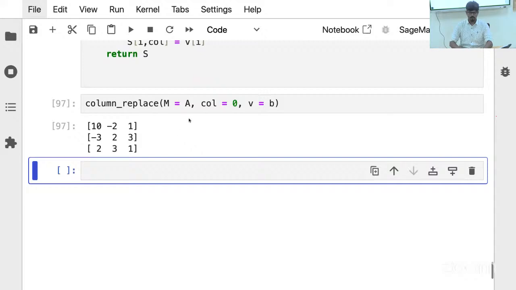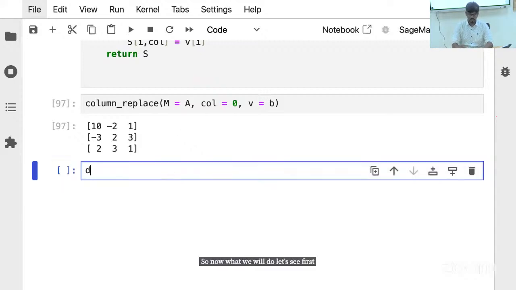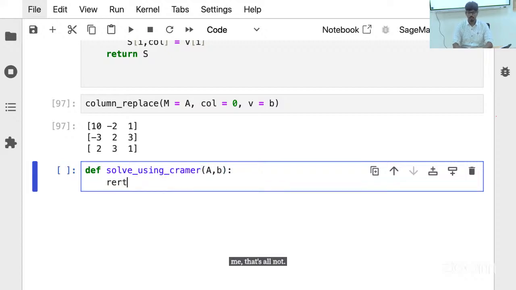So now what we will do, let's say, first of all, let's write a function to have a Cramer rule, right? So solve using Cramer. It should take A and it should take B. That's all, no? And it should return the solution.